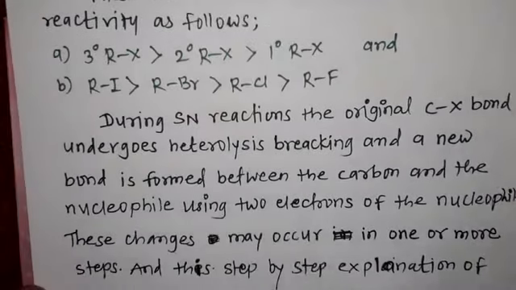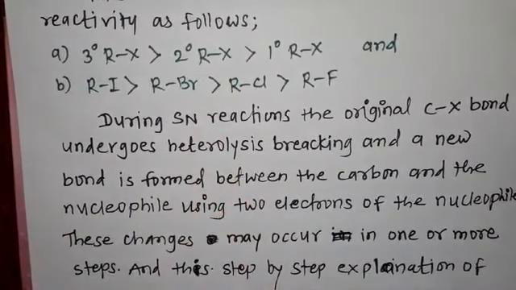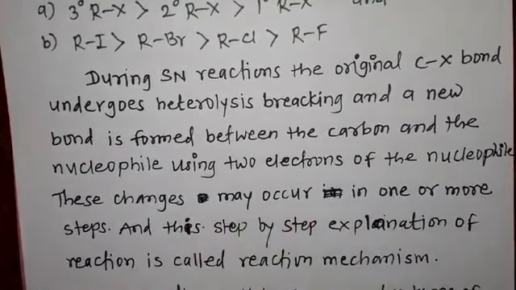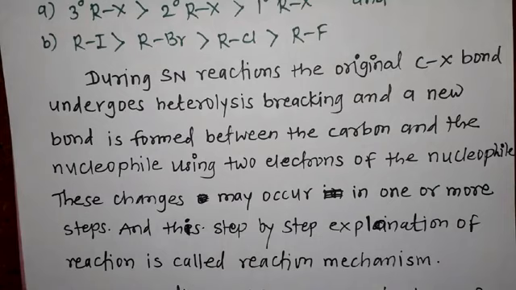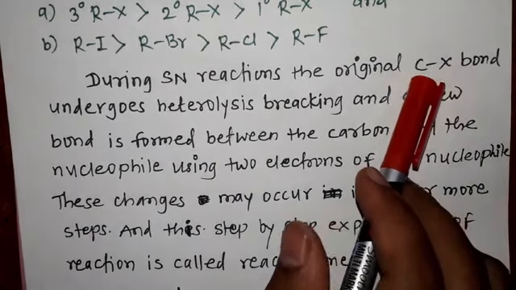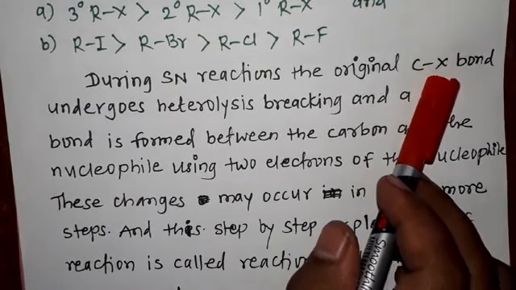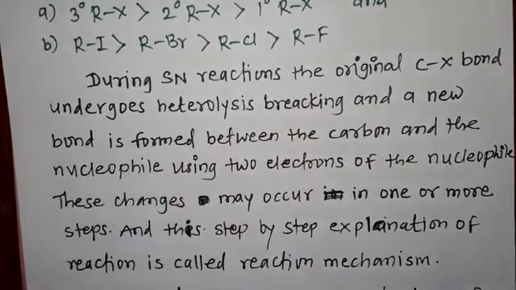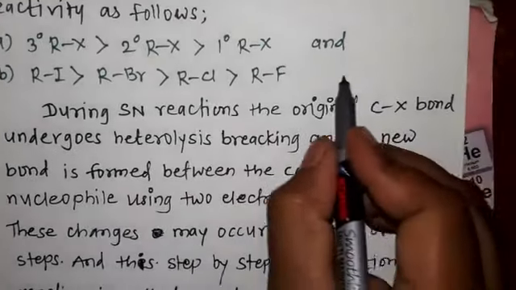During this type of SN reaction, the original carbon-halogen bond undergoes heterolysis, and the new bond is formed between the carbon and the nucleophile by using the two electrons present in the nucleophile. Because here, when the bond between carbon and halide breaks heterolytically, there will be generation of a carbocation.